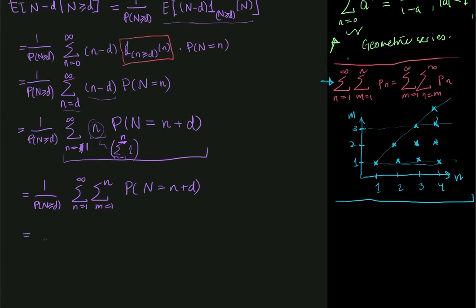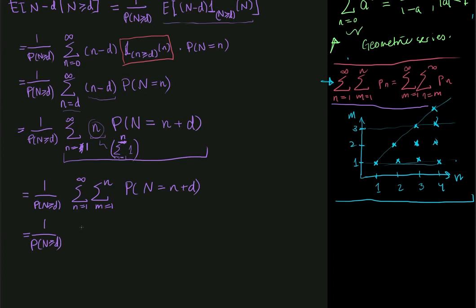And we can use the trick that they also use in the book and interchange the order of summation. And we use this formula over here. If you don't know how this formula came to exist, then look at the first video.